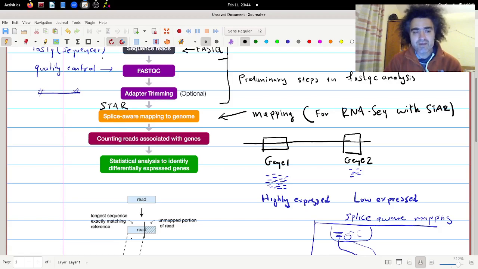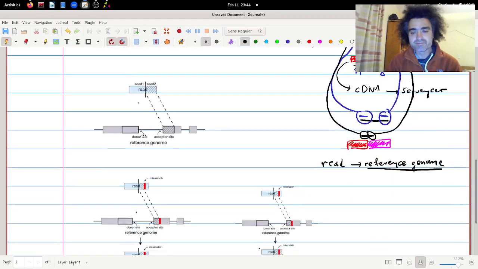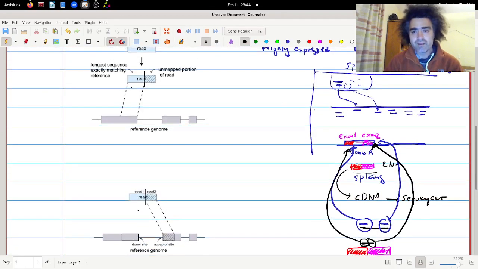The next step is simple, because after we have done the mapping, we'll be in a situation like this, that we have mapped several reads to exons, to genes. So this is a gene here. We have mapped the reads to the genes. To do that, we need the annotation of the genome.